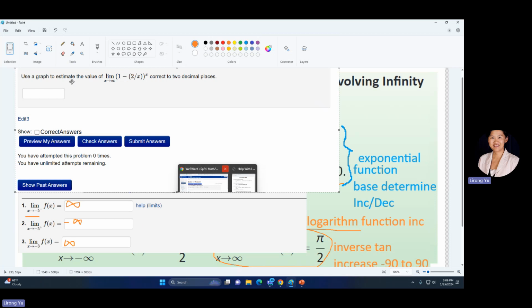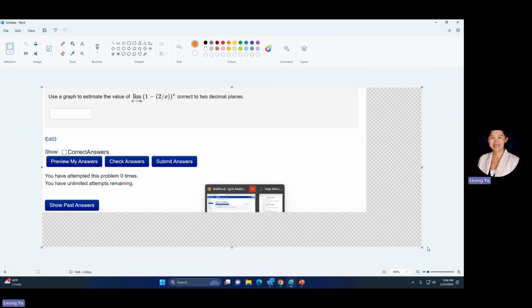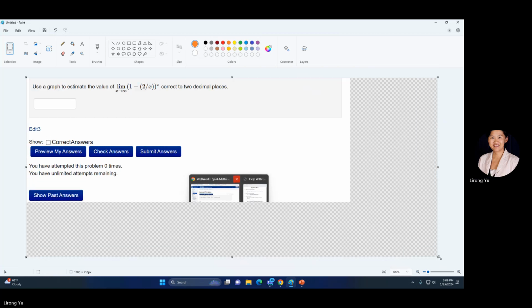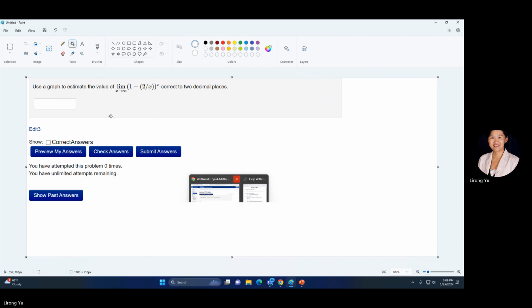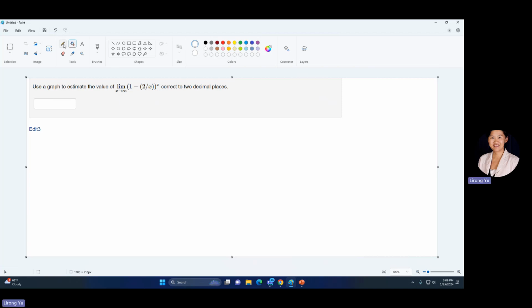All right, so it says x goes to infinity. Let's do 2 or 3 numbers to see what it is. So we're gonna try x equal to 10.